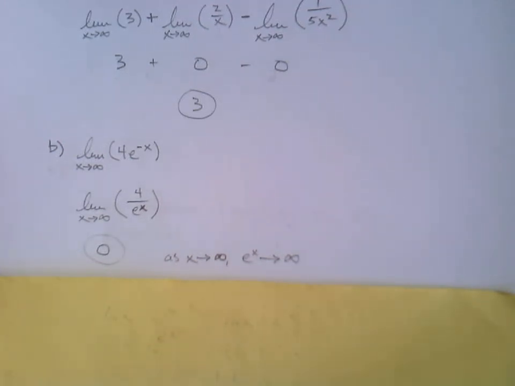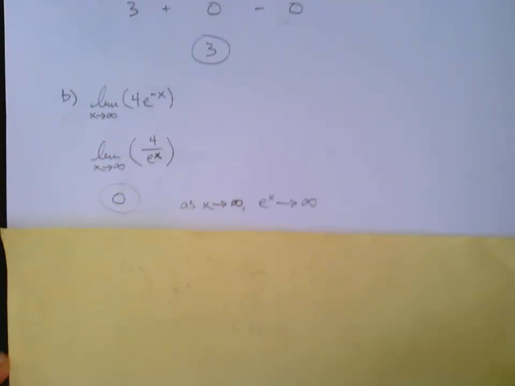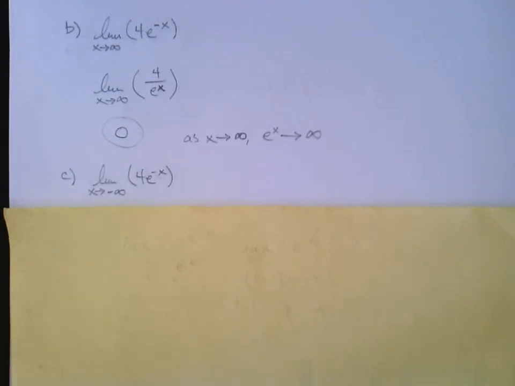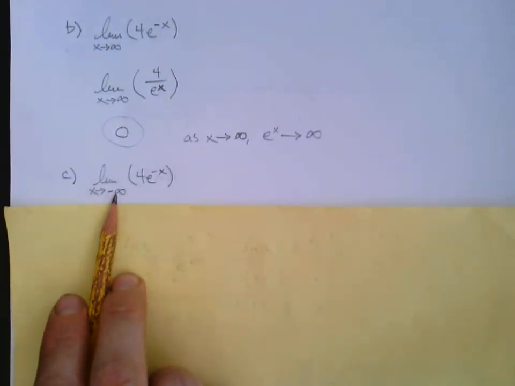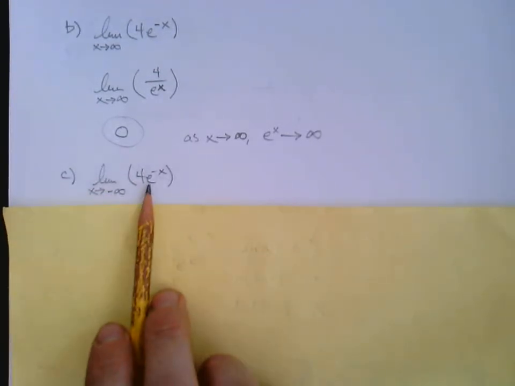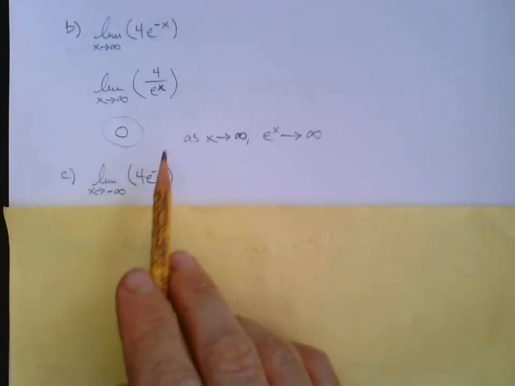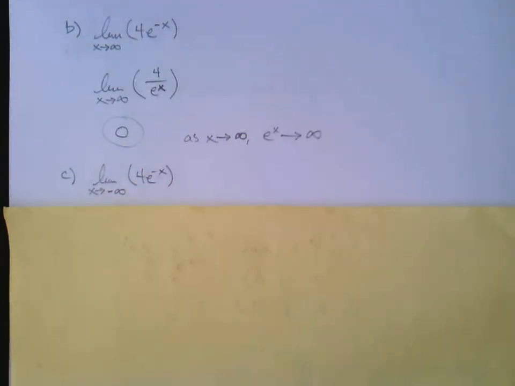Okay, I got one more for this video. It's similar to part B. Let's take this limit to negative infinity. Still 4e to the negative x. Okay, this is interesting. Actually, in this one, I'm not going to rewrite it as the fraction. Why is that?